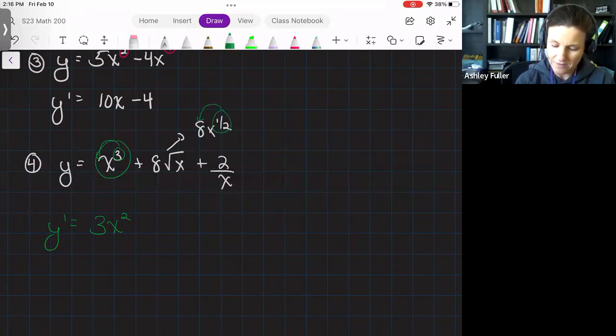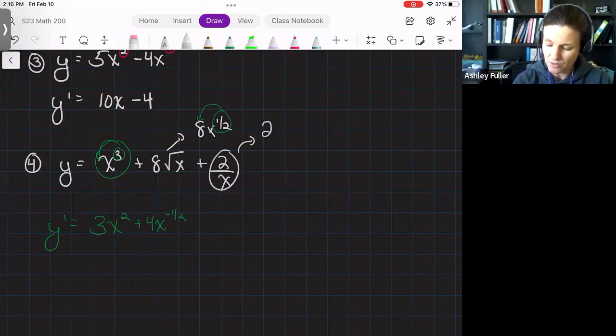8 times 1/2 is going to give me plus 4. X to the 1/2 minus 1 is going to give me negative 1/2. And then likewise, if I think of this as 2x to the negative 1, I can then bring that negative 1 out front, and I get minus 2x to the negative 2 when I subtract.